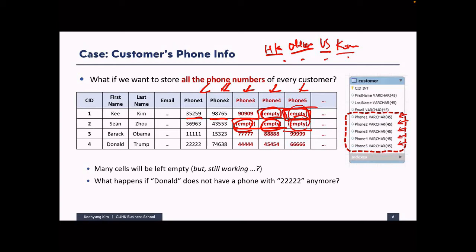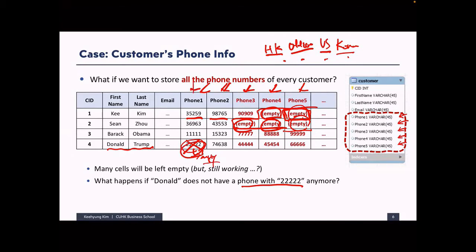However, let's think about this other case. There's Donald Trump here. What if this guy does not have the phone number 2222 anymore? Let's say that he used to use this phone, but he canceled it, so he doesn't have this phone anymore. Then this place will be empty. But again, it is not a good design because it's the first phone number. We don't want this to be left empty.